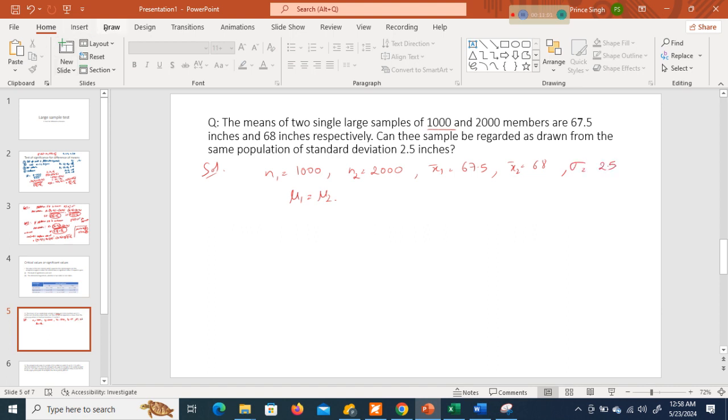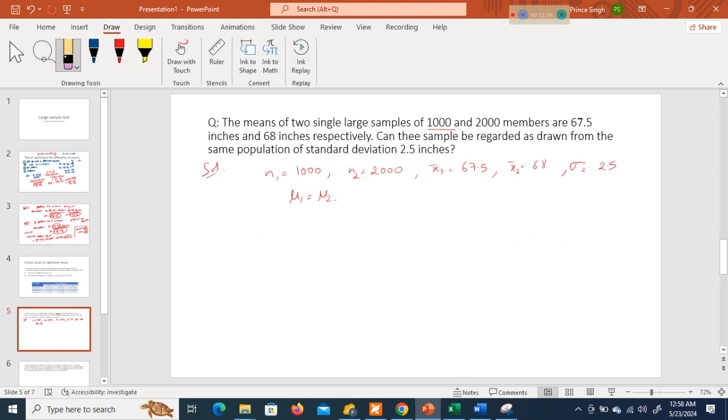On the basis of this, what will be our null hypothesis? Here our null hypothesis H0 is mu1 minus mu2 is 0, that both samples have been drawn from the same population. And the alternative hypothesis is that they are from different populations, which means mu1 minus mu2 is not equal to 0.